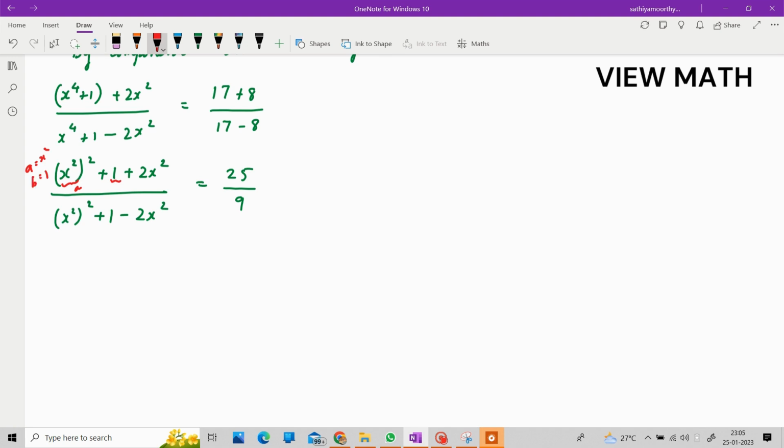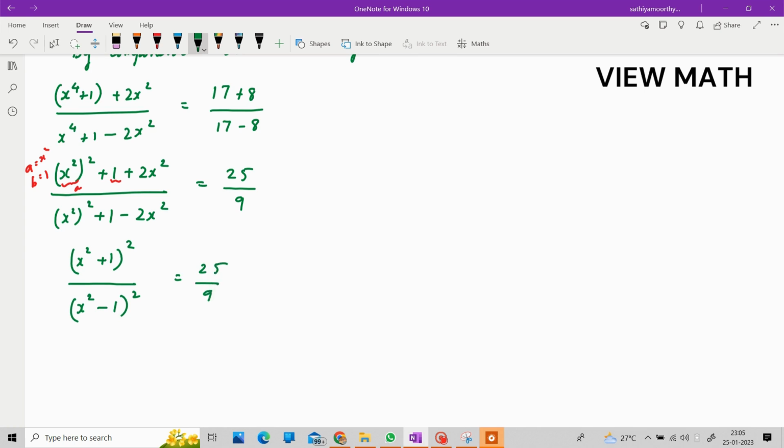So I can use the formula (x^2 + 1)^2. Similarly, in the denominator, in the place of a I have x^2, so (x^2 - 1)^2, because the negative sign is there, so I put minus 1 the whole square. This is equal to 25/9.